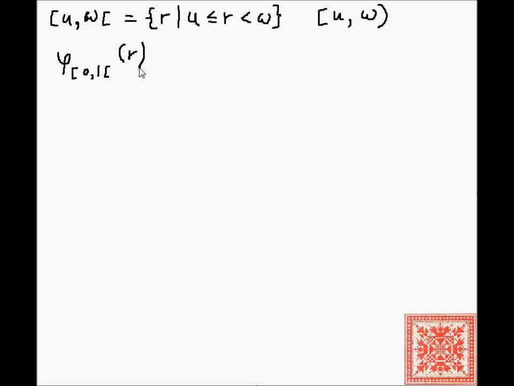And the unit step function from 0, including 0, to 1, excluding 1, psi of 0, 1 of r is equal to 1 if r is greater than or equal to 0 but strictly less than 1, and it is uniformly 0 everywhere else.